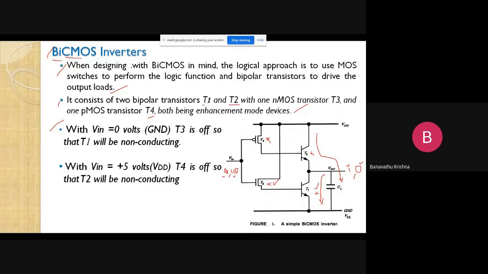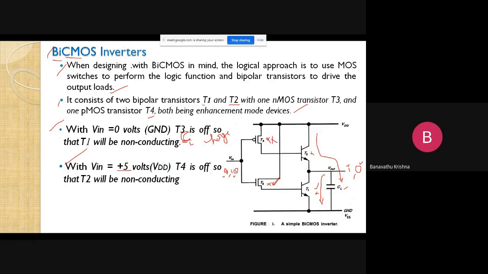That amount of voltage passes through transistor T2 and charges the capacitor, so CL is charged. In the second case, when V input is 5 volts, T4 is off and T3 is going to be on.